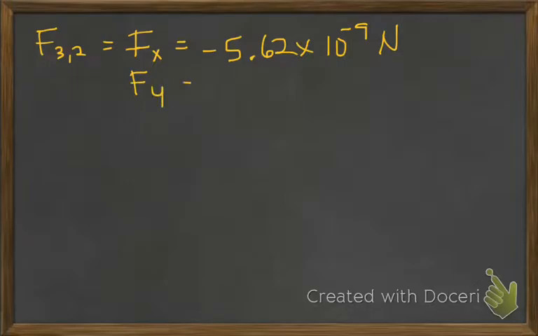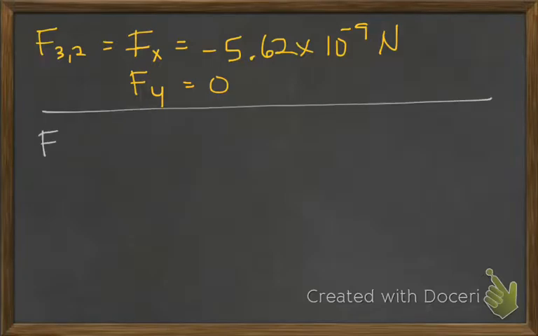Now, how are you going to find your x total and y total? Add them up. So Fx total, you're adding the 8.63 and the 5.62. Both of those are to the negative 9th, and you should get 3.01 times 10 to the negative 9th.